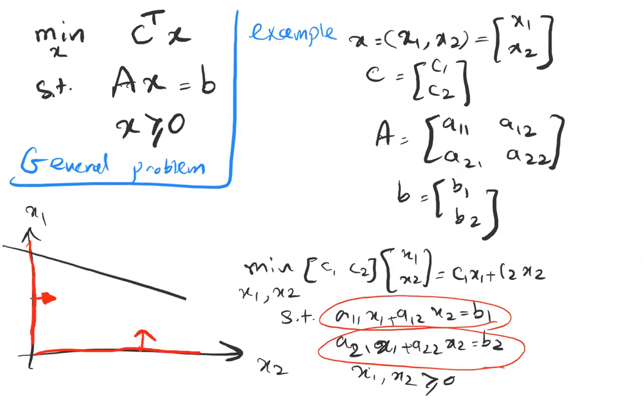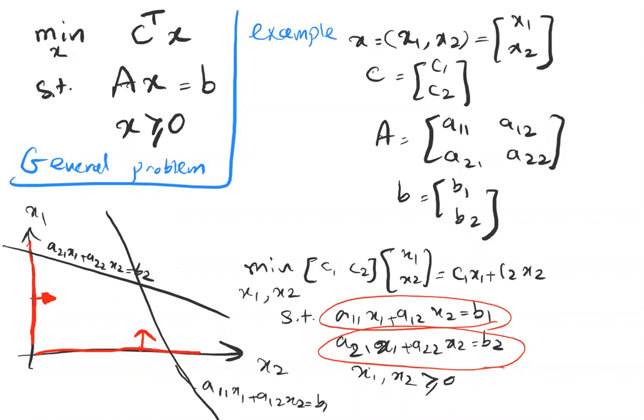Let's say this one is A21 X1 plus A22 X2 is equal to B2. And this one is A11 X1 plus A12 X2 is equal to B1.